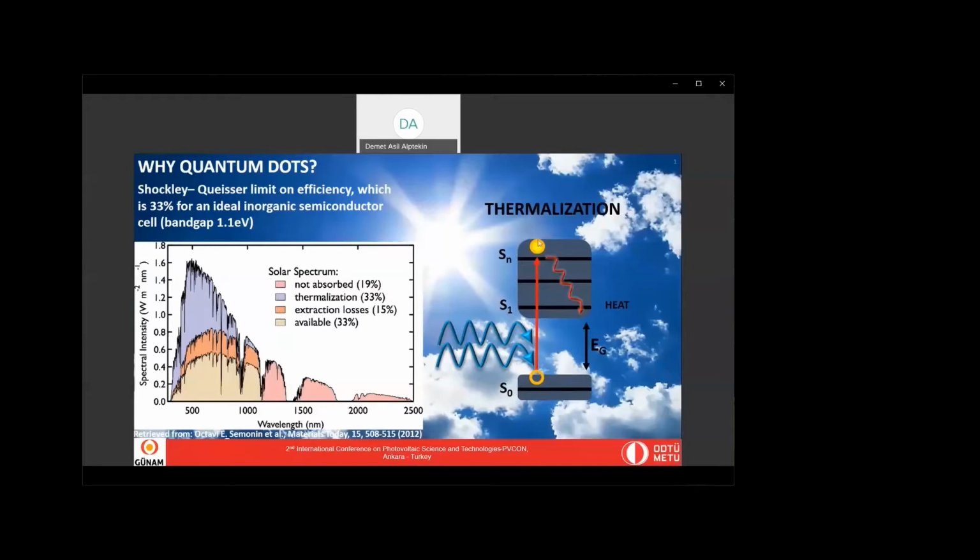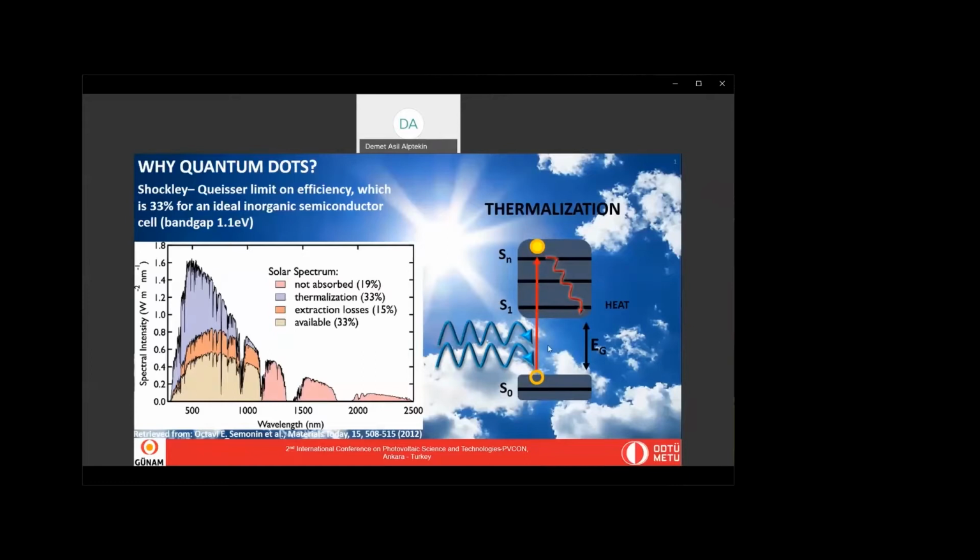We know that the absorption of photons above the band gap creates an electron hole pair, but this time when that electron relaxes back to the first excited state, it releases some heat, and that leads to heating of the cell, which also creates some other loss mechanisms.